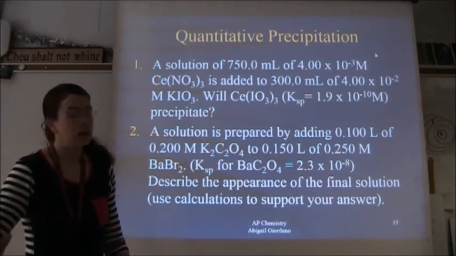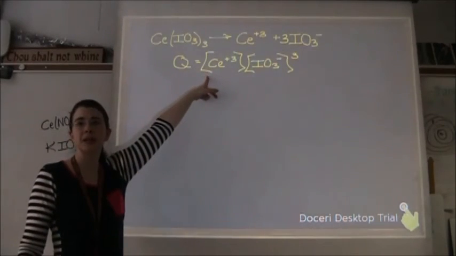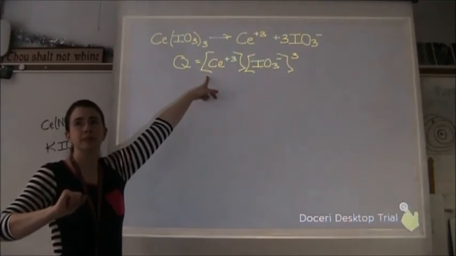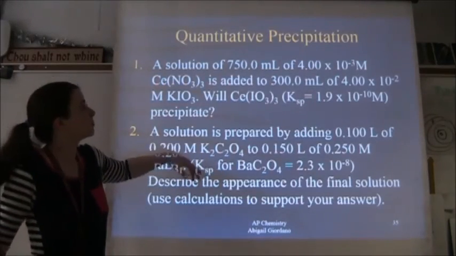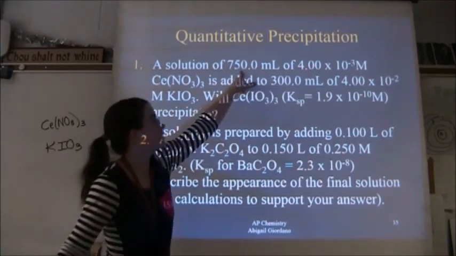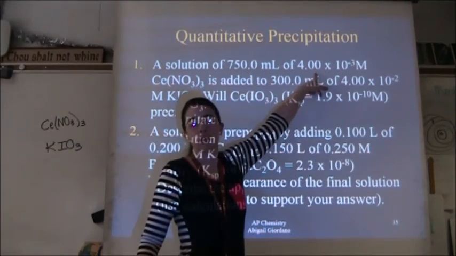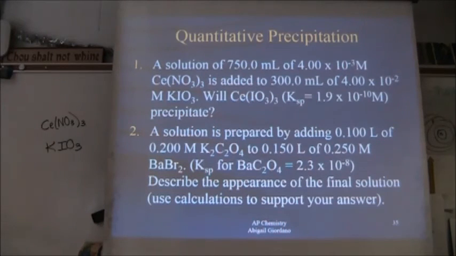So, let's go back to basics here, ladies and gentlemen. What do brackets mean? Which is what over what? Moles over liters. Okay. Somebody tell me, given this information, how many moles of cerium are there? You can do this.